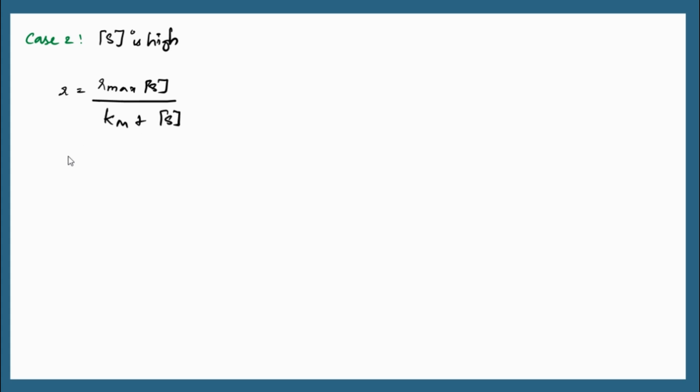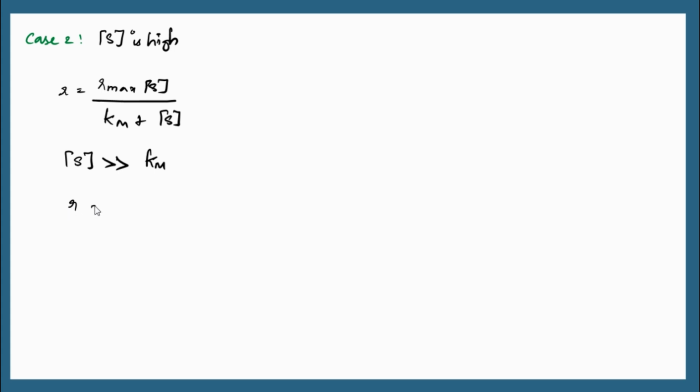Okay, now case 2, at high concentration. Case 2 is basically concentration of substrate is high. Okay, what will happen at high concentration? Your activation step will be more favored, and deactivation and decomposition will be less favored. So the rate will be equal to, the rate equation is R max concentration of S by Km plus concentration of S. Okay, so concentration of S is very high compared to Michaelis-Menten constant.